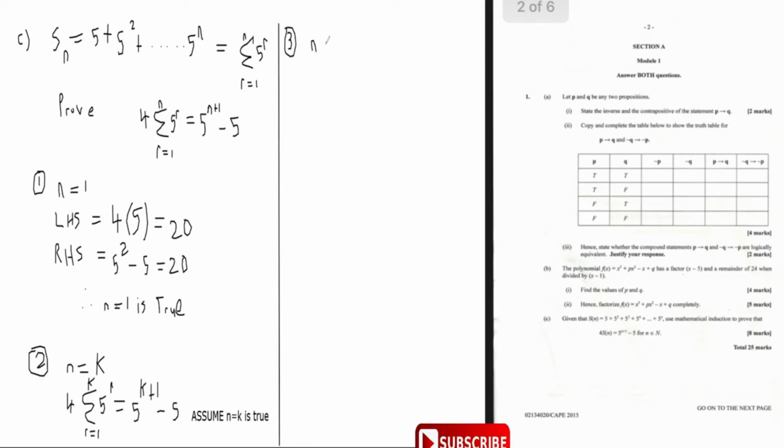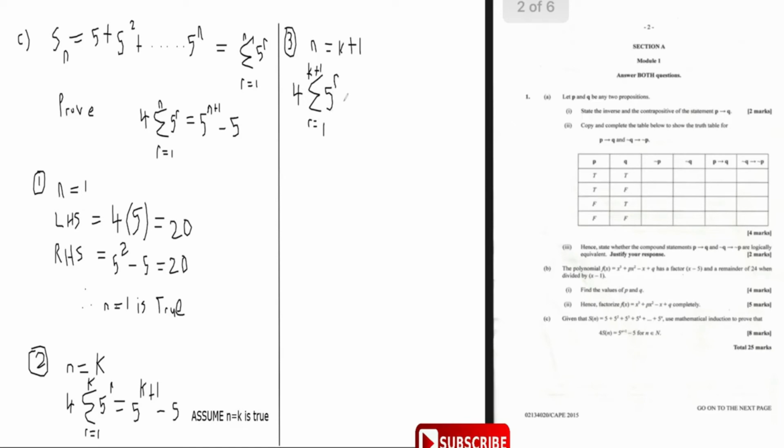So for n equal k plus 1, we have 4 times the sum from r equal 1 to k plus 1 of 5 to the r. N is k plus 1, so write k plus 1.